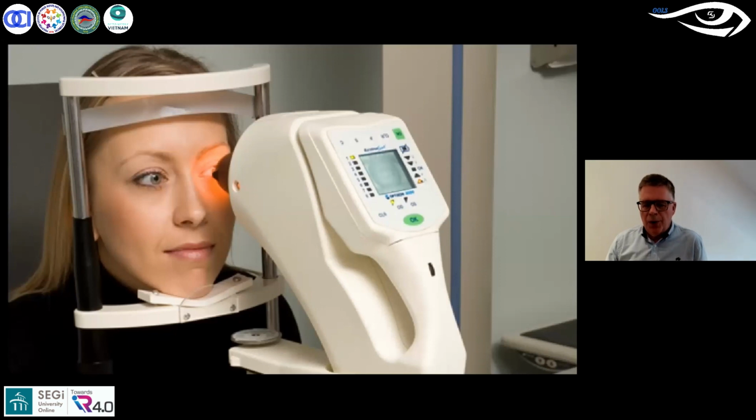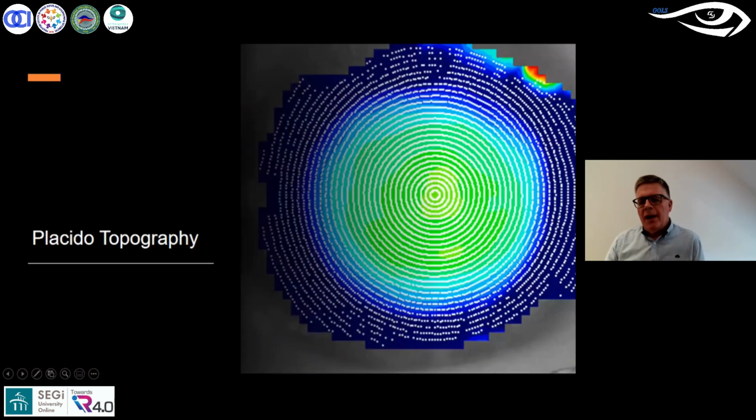We've now got computerized video keratoscopy. So this has taken my keratoscope to a new level. You can see we still have the Placido rings on this small screen here. And the image that we take is translated by the computer.